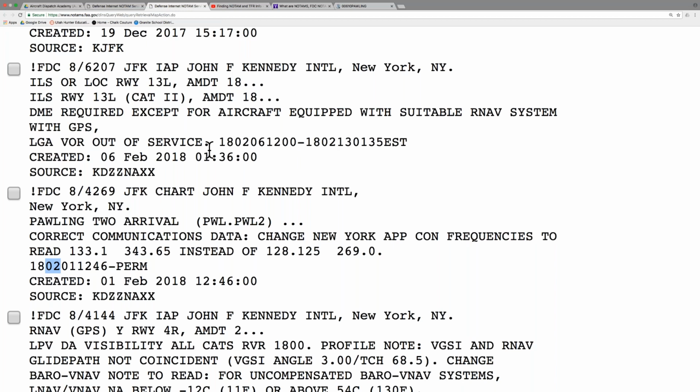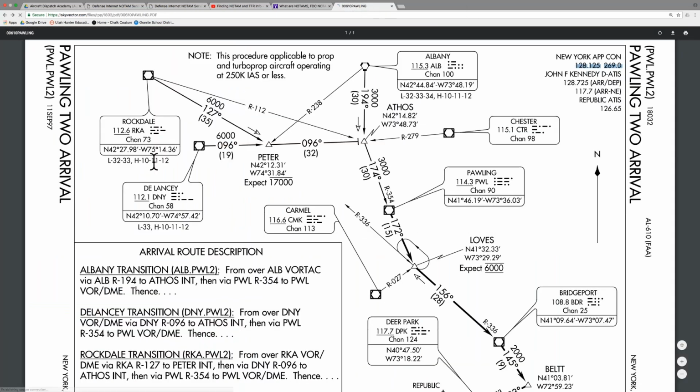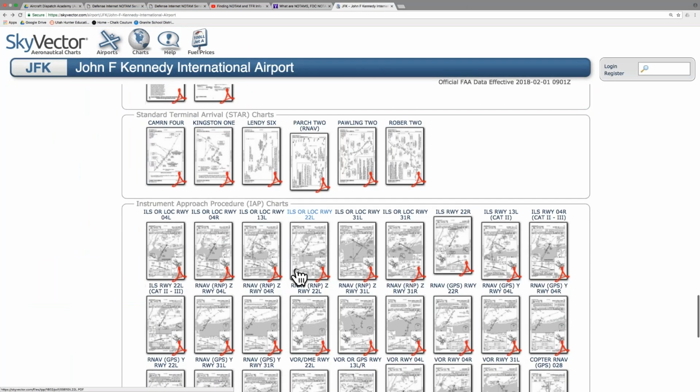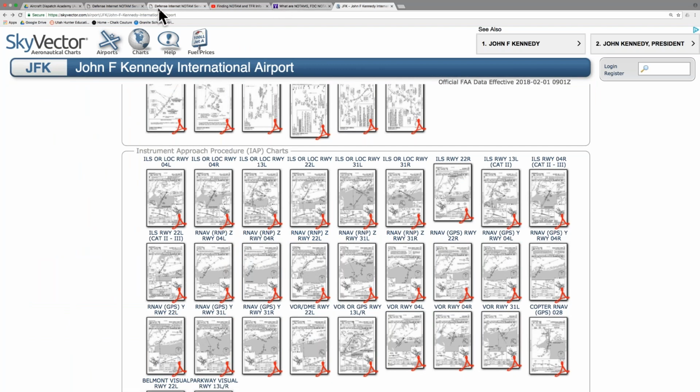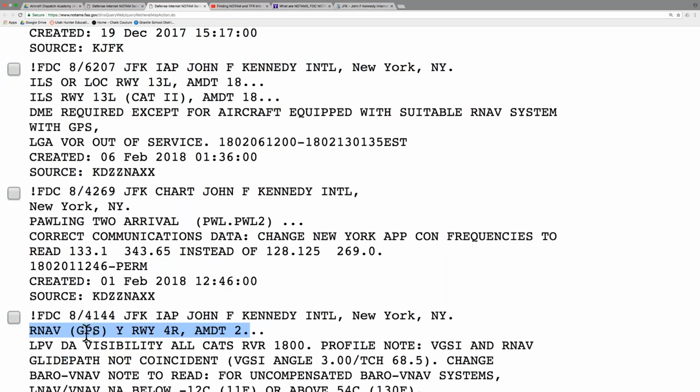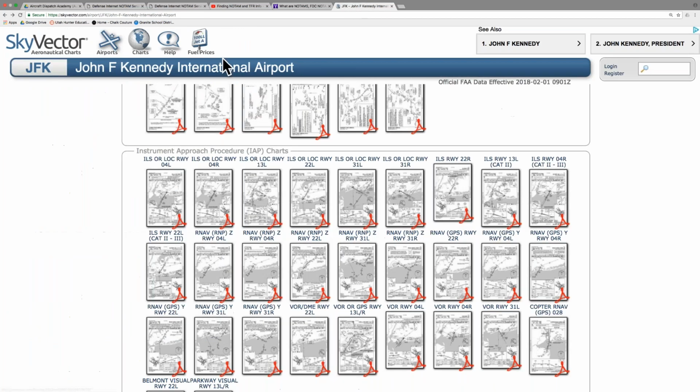So, it's kind of the same thing here. IAP, just automatically think instrument approach plate, right? Mm-hmm. So it's telling us if we pull up this instrument approach procedure, we can come back here. So it's talking about, let's see, RNAV GPS Y for runway 4 right, okay?